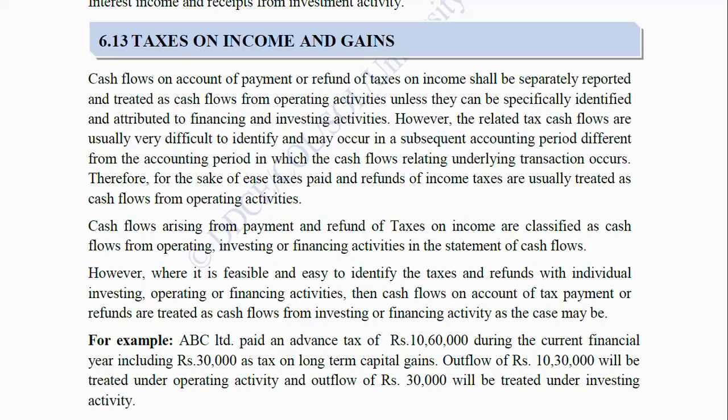6.13 Taxes on incomes and gain. Cash flows on account of payment or refund of taxes on income shall be separately reported and treated as cash flows from operating activities unless they can be specifically identified and attributed to financing and investing activities.